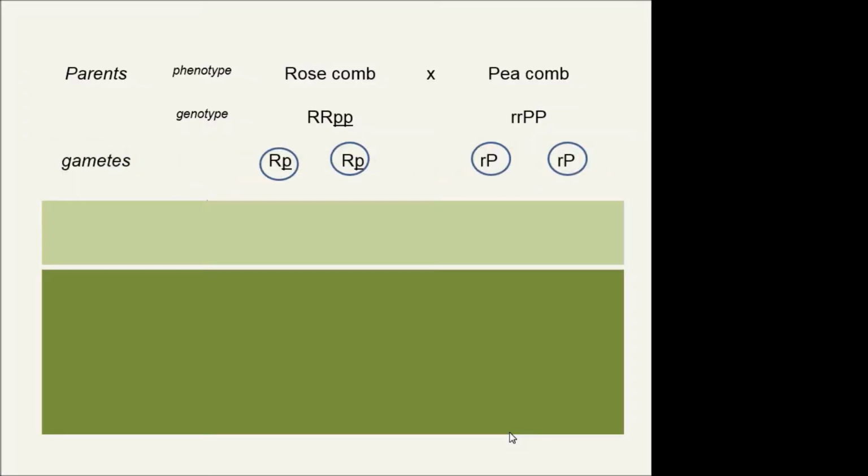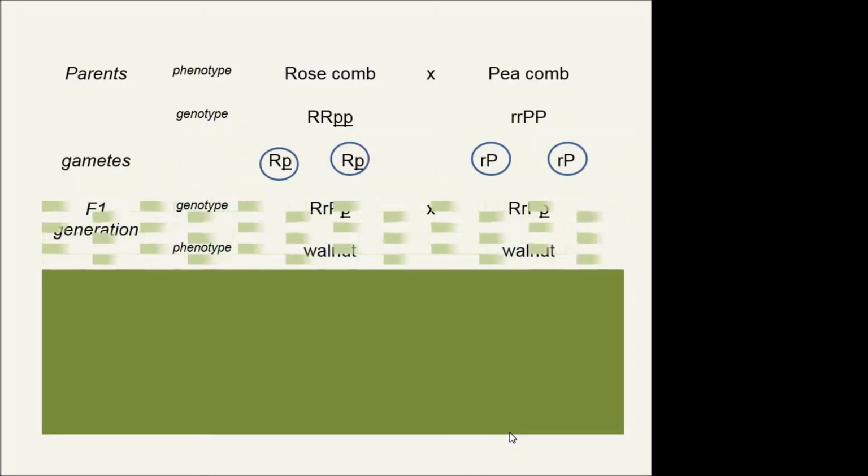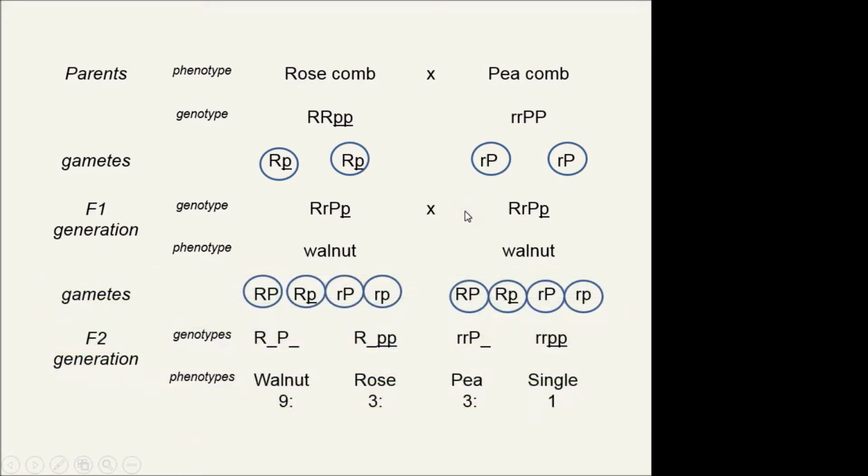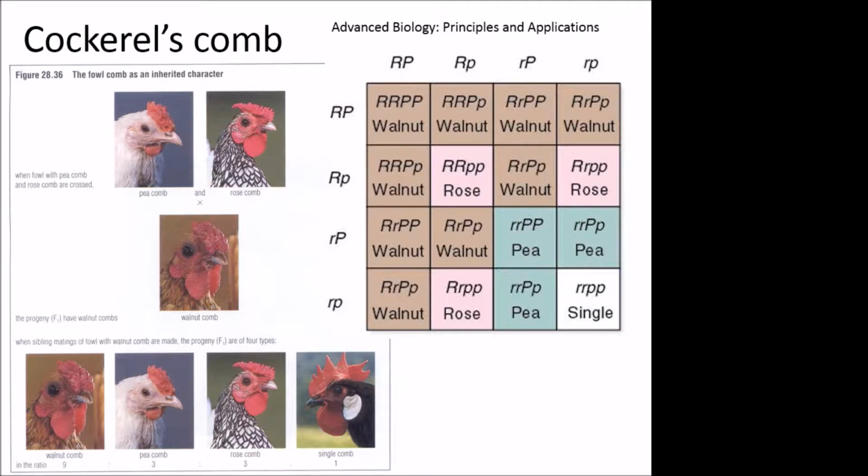Looking at the genetic diagram, it looks possible if I do it this way, right? Pure breeding rose comb and pure breeding pea comb give my hetero walnuts. My hetero walnuts, if I draw it out, this is what I get. Interesting. 2 genes affecting the outcome of 1 trait. What we are seeing is a particular kind of interaction.